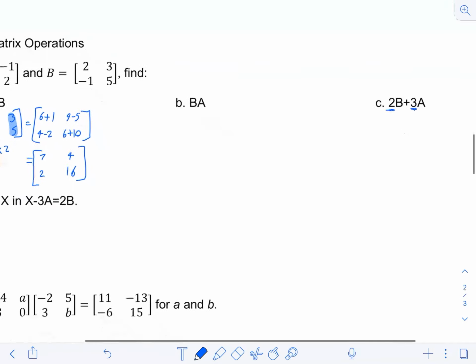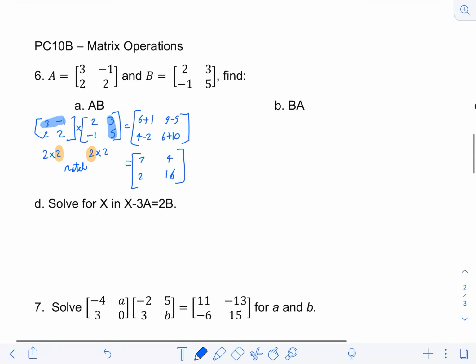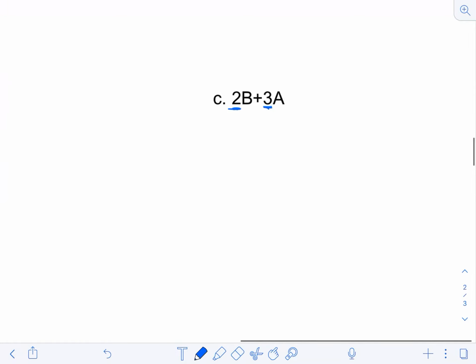I'm not really going to go through the rest of this section too much, other than to say whenever we have a constant that's multiplied by our matrix, we need to make sure it multiplies by every element in that matrix. It's kind of like distribution for regular numbers.